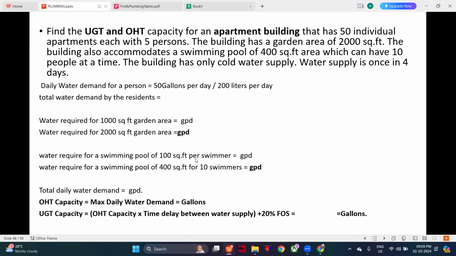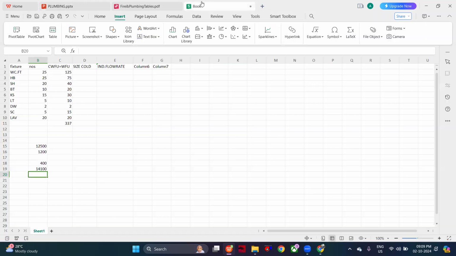Then what is the time delay? Once in 4 times for the OHT capacity.